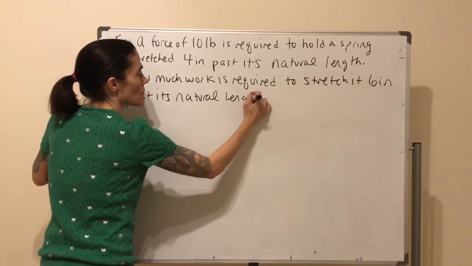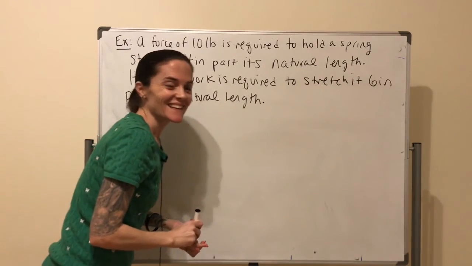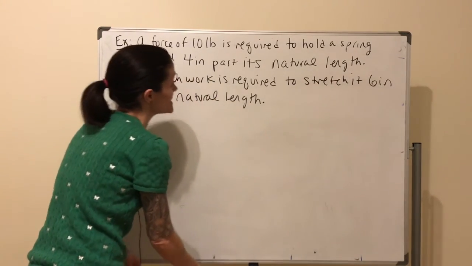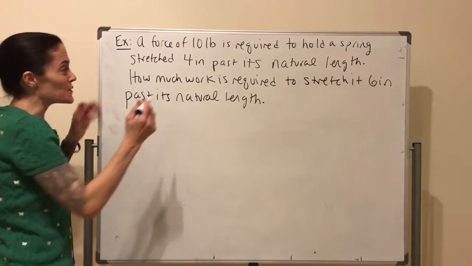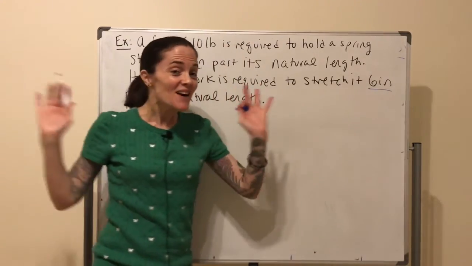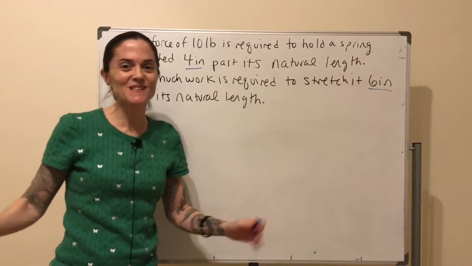Okay, well, let's think about this problem. We are in U.S. customary because we see pounds, but we also see an issue, right? Inches and inches. And we know U.S. customary is not inches pounds or something like this.